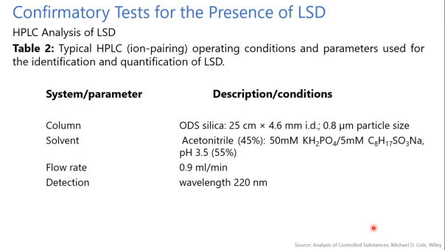The solvent generally used here is acetonitrile 45%, 50 millimole potassium hydrogen phosphate with 5 millimole C8H17SO3Na, that is octane sulfonate. Then flow rate is 0.9 ml per minute and detection is at wavelength 220 nanometer.